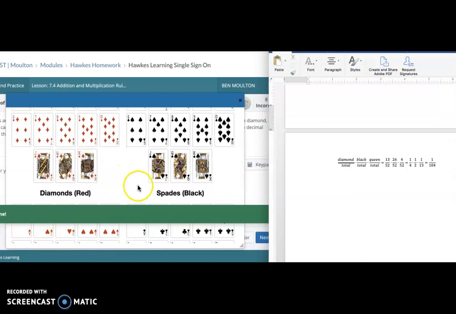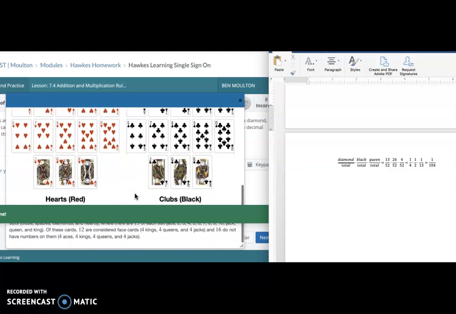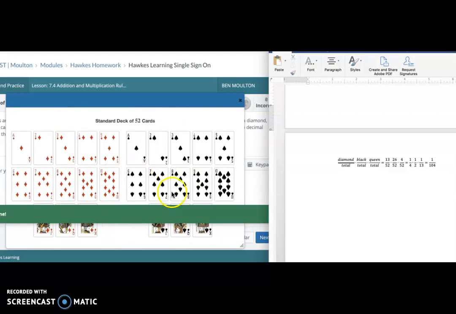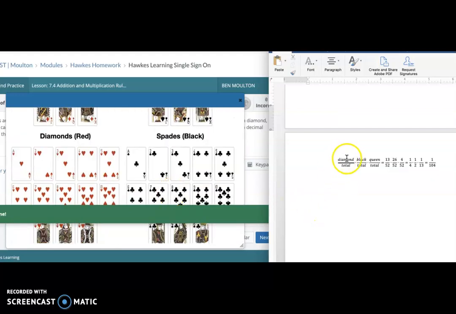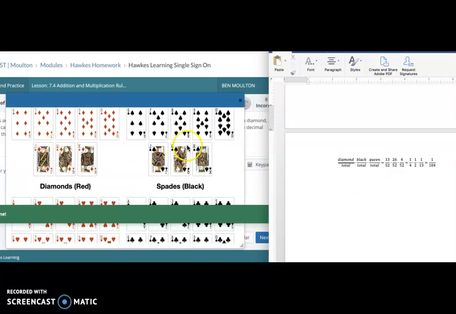Sorry, my hand is in the way here, but notice I have 13 diamonds here out of a total of 52 cards. And then black cards, that's half your deck, right? So 13 out of 52, 26 out of 52 for your black cards, and notice I've got 4 queens. 1, 2, 3, 4.